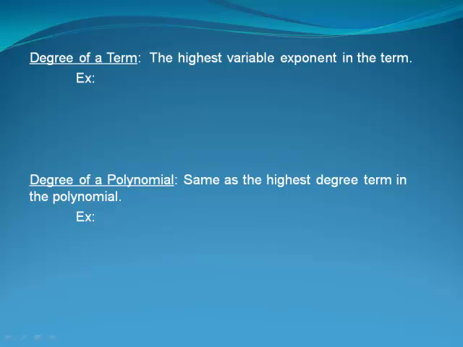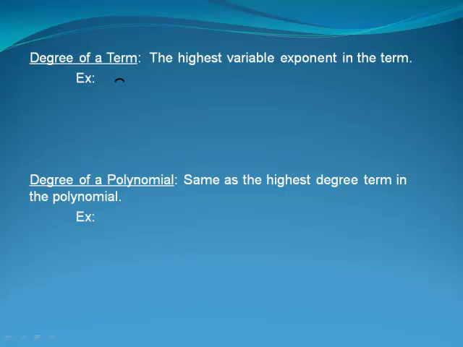All right, then we're also interested in defining the degree of a term. By definition, the degree of a single term or a single monomial is the highest variable exponent in the term.